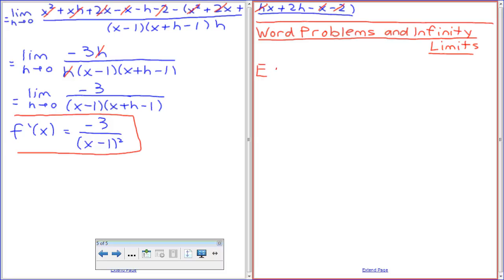Example 1. I'm also going to put a star beside this one, because something like this should be totally doable for you guys. But please never do this. A pumpkin is thrown off the top of a building. Don't do this.